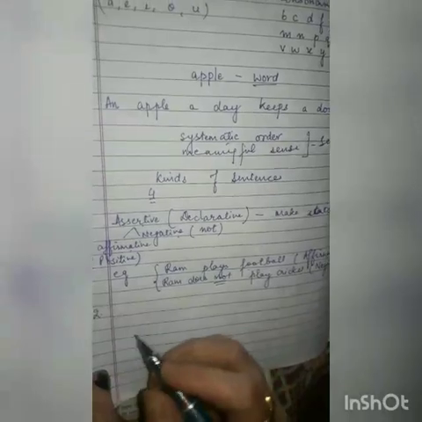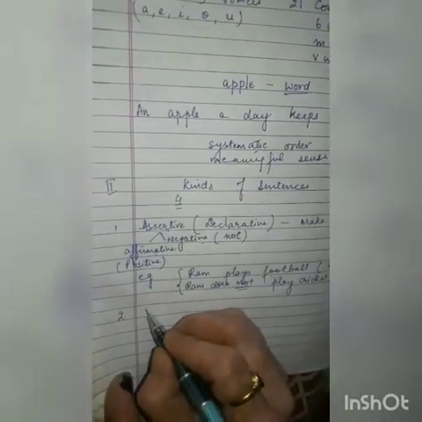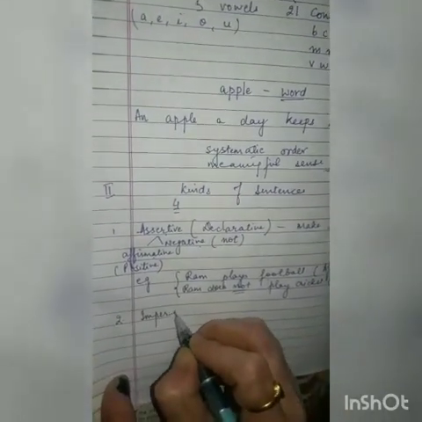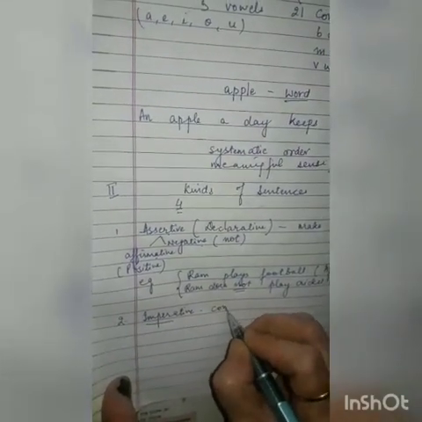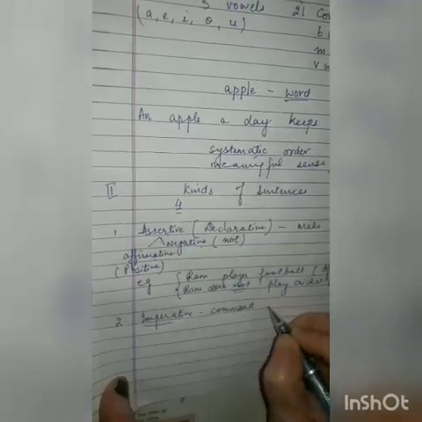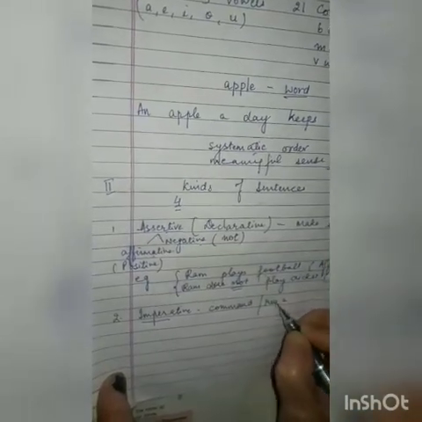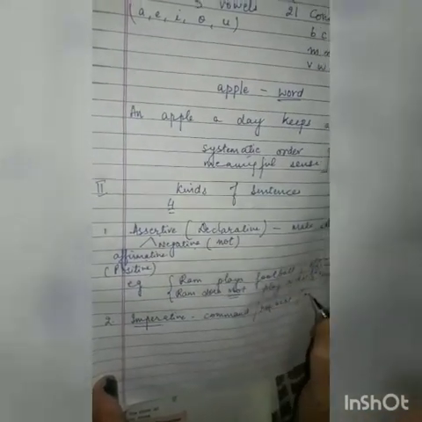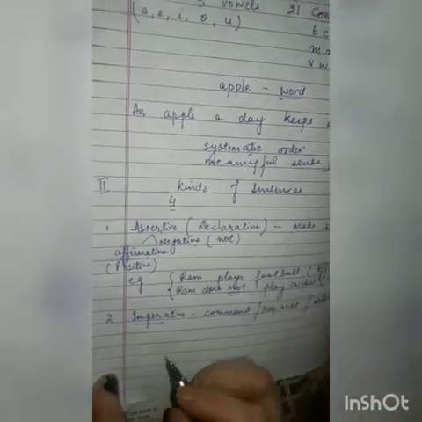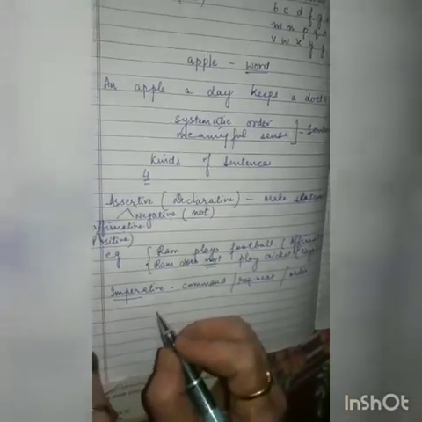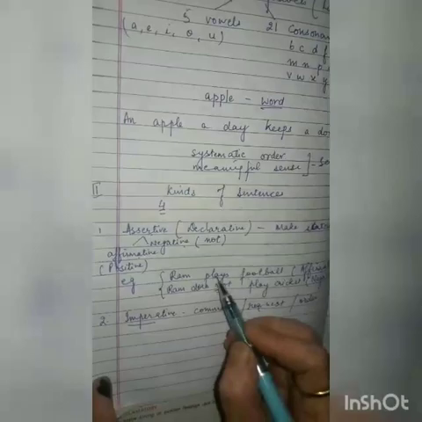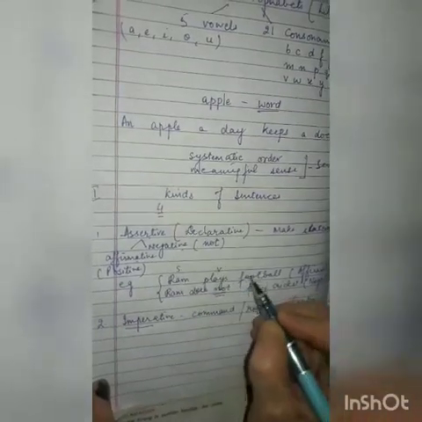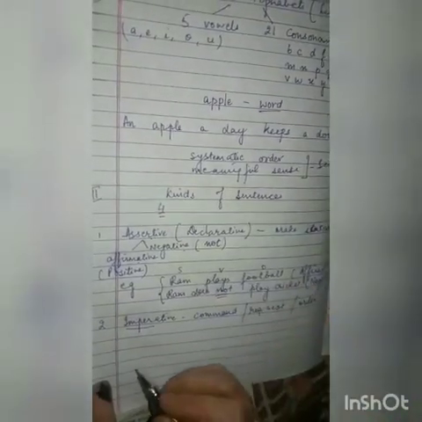The second kind of sentence is the imperative sentence. Imperative sentences are those which are either a command, request, or an order. These sentences do not need any subject. You should remember every sentence has a subject, verb, and object, right?